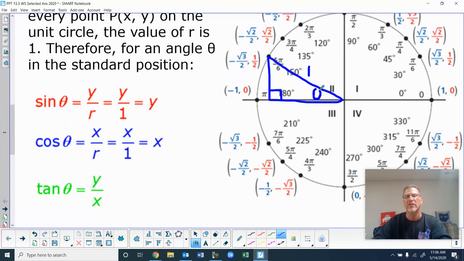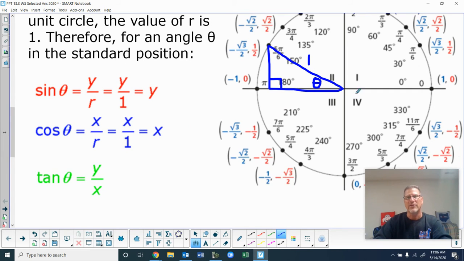Theta would be back here, our reference angle, back by the origin. Opposite side is this one, which is my y value, over adjacent, which is the x value. So that's why tangent is y over x. So again, we don't have to really remember that. I just wanted to help you maybe understand that.